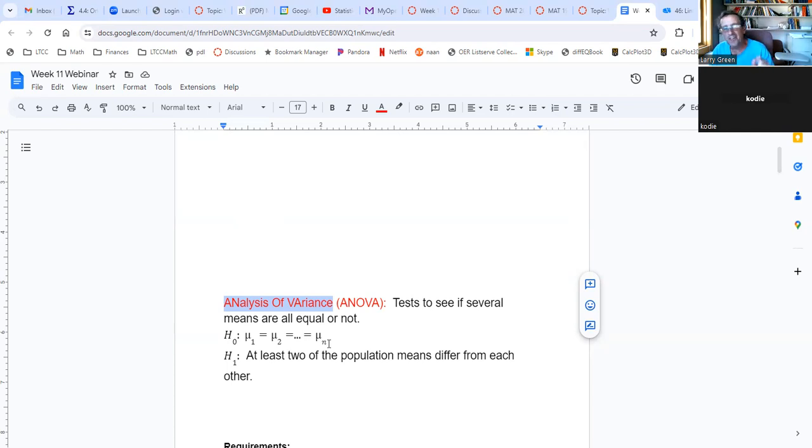But for them not to be all the same doesn't mean that every state is different from every other state. You might have, say, California and Arkansas have the same age. I have no idea, but let's suppose those have the same age. But maybe Nevada had a different population mean age. Then they wouldn't all be the same, even though 2 of them are the same. Does that make sense?